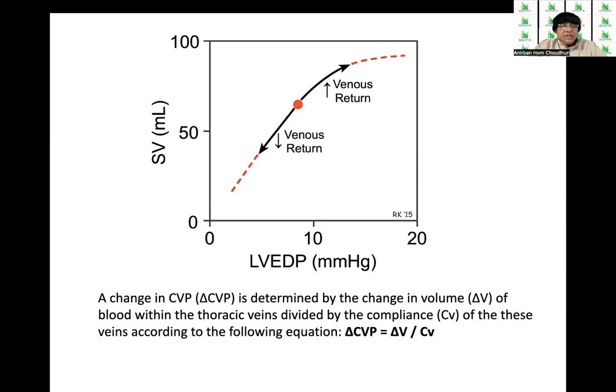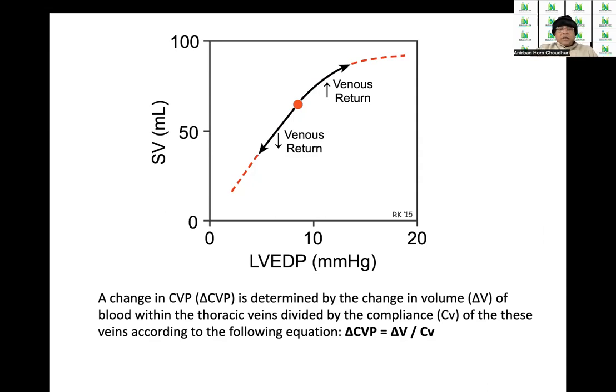So a change in the central venous pressure, which we can represent as delta CVP, is determined by the change in the volume of blood within the thoracic veins divided by the compliance of these veins. And this follows an equation where the change of CVP is represented by the change in volume by the CV, or the total central volume.